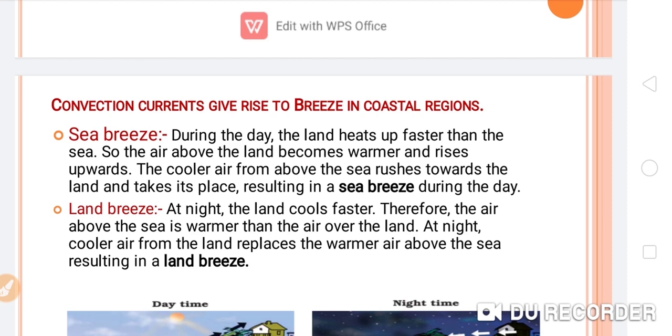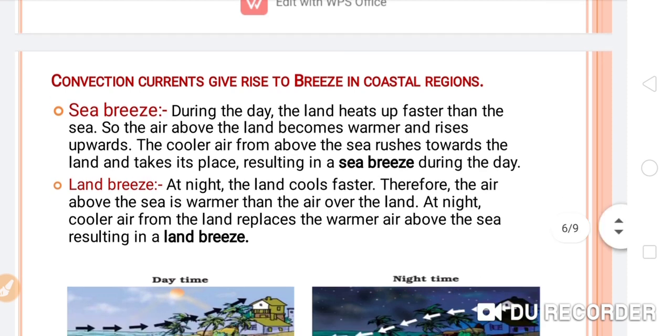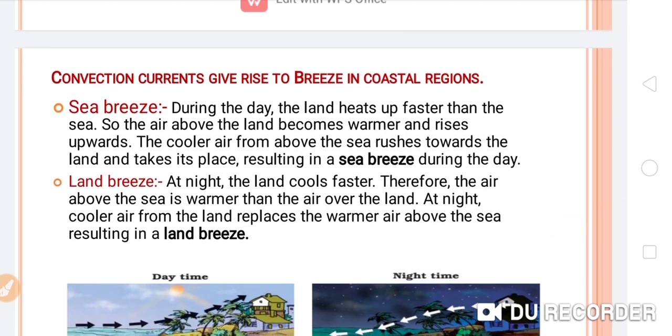So the air above the land becomes warmer and rises upward. The cooler air from above the sea rushes towards the land and takes its place, resulting in a sea breeze during the day. Means the movement of the air is going on from the sea to land.